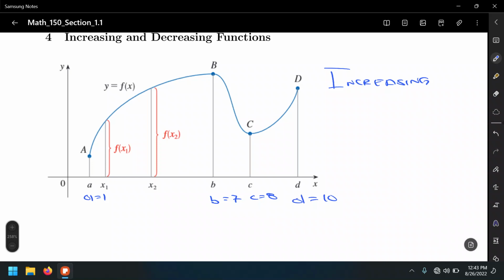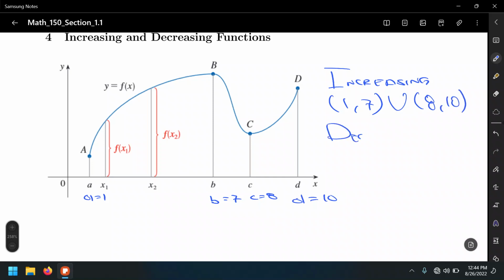We are going to look at intervals in which the function is going up. From where to where is it going up? From point A to B, which in this case would be 1 to 7, close parentheses, and then union symbol, increases again from C to D, which corresponds to 8 to 10.